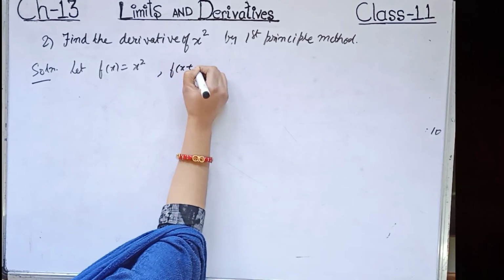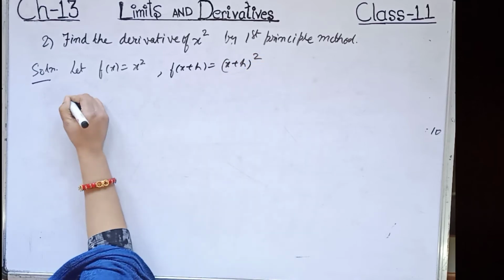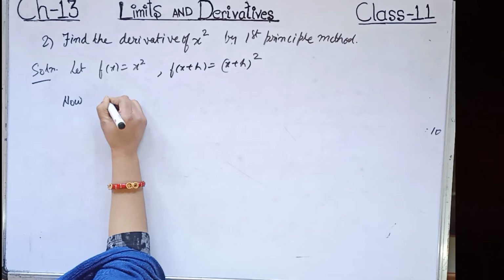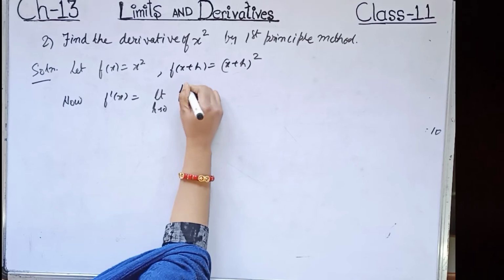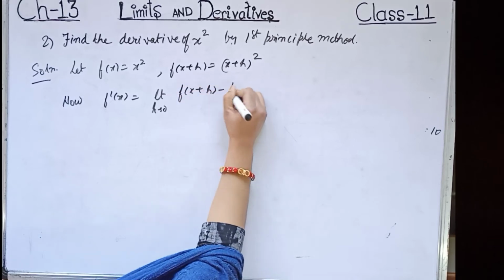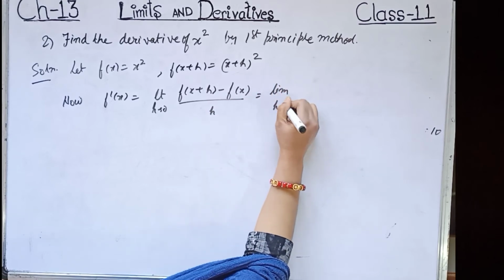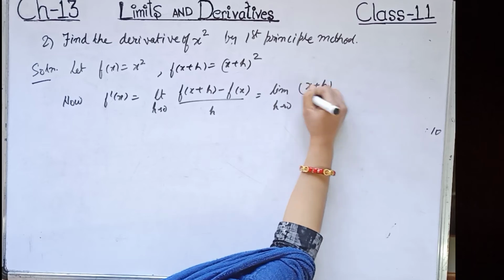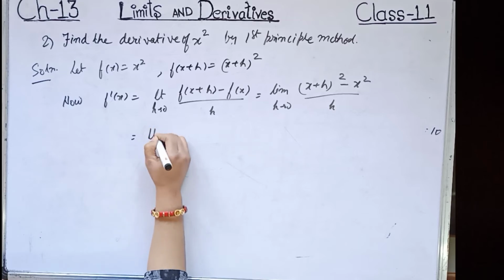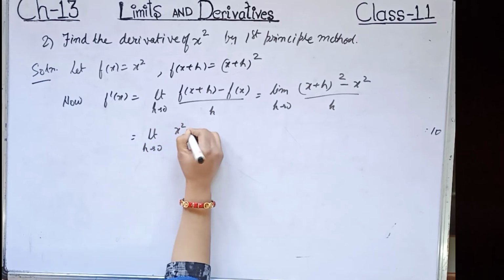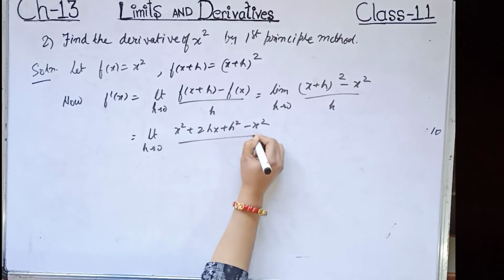Then f of x plus h will be equal to x plus h whole square. Now f dash x equals limit h tending to 0 f of x plus h minus f x divided by h, okay, equals limit h tending to 0 x plus h whole square minus x square divided by h, equals limit h tending to 0 x square plus 2hx plus h square minus x square divided by h.